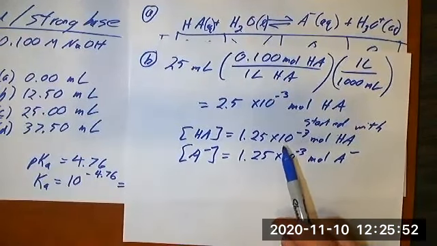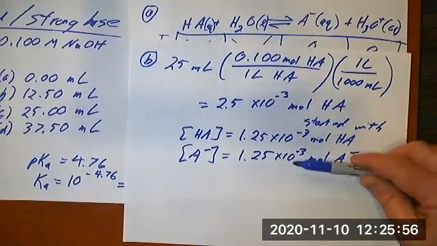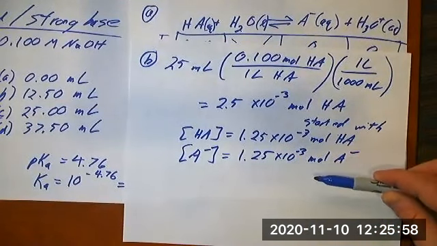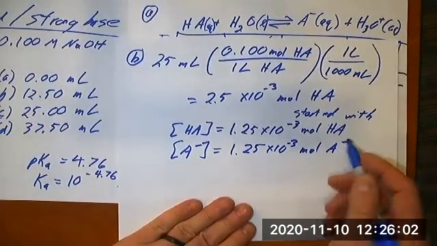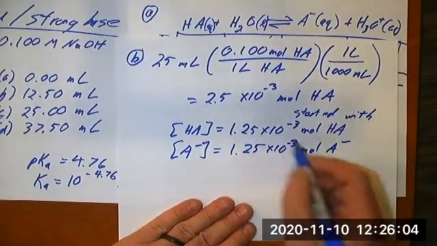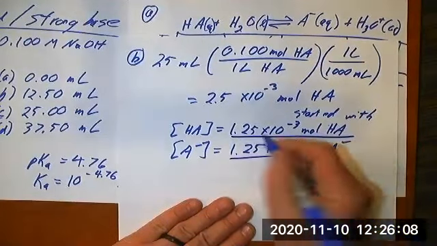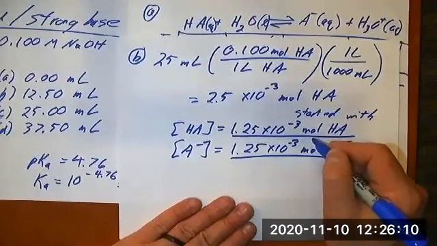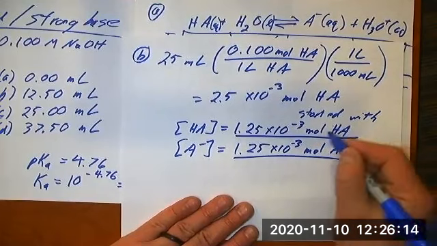Notice that what we have here is an equal amount of the acid and its weak base, its conjugate base. I didn't put this over their volumes, so I did make a mistake here. So each of these needs to be over our volume of 37.5 milliliters.